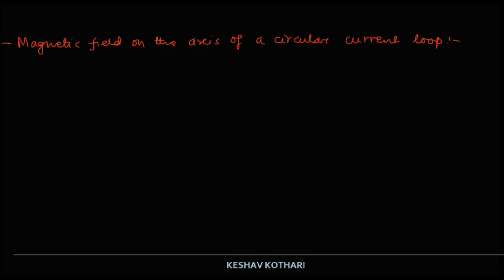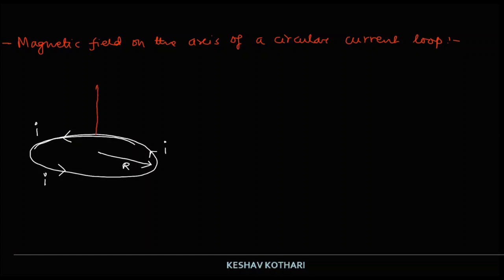So we are considering that this is a current carrying circular loop carrying current I, having a radius r, and we are calculating magnetic field at a distance x from the center of this loop at a point P.